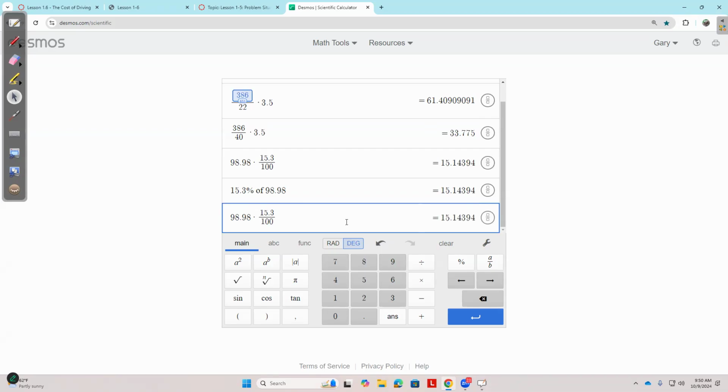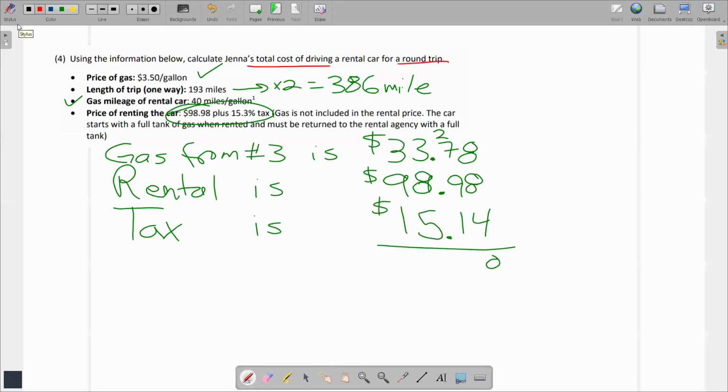Okay, that's what I did wrong. Yeah, so I have to do 15.3 out of 100, then times the amount, so that gives me the $15.14. And again, fine print here, although one way it is 193, we want the total cost, which is a round trip. So we have to use the full gas amount we calculated earlier.